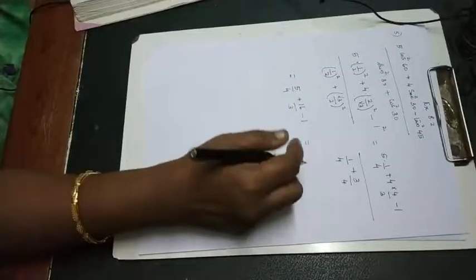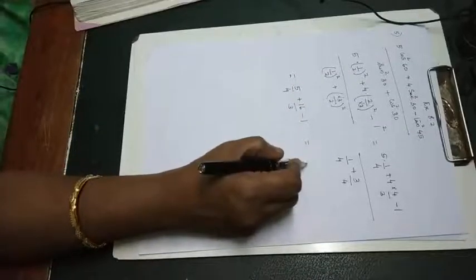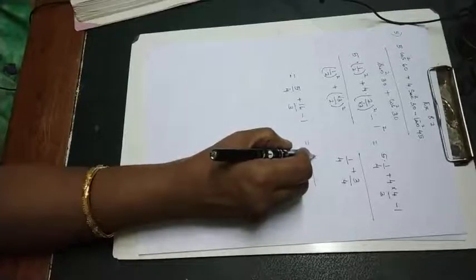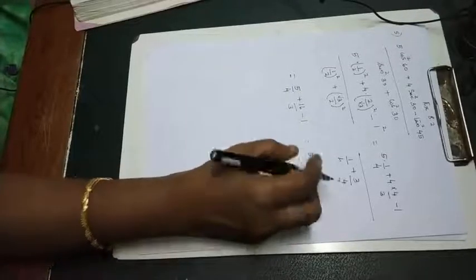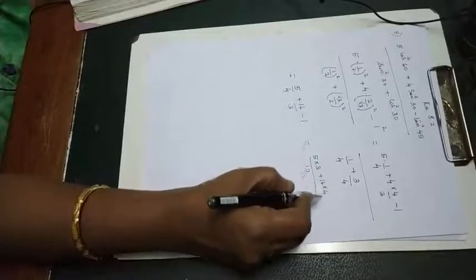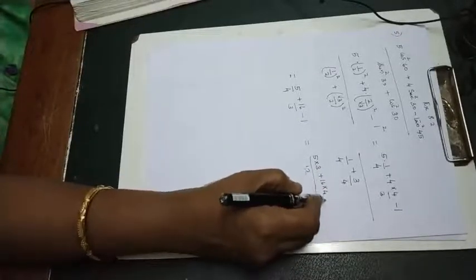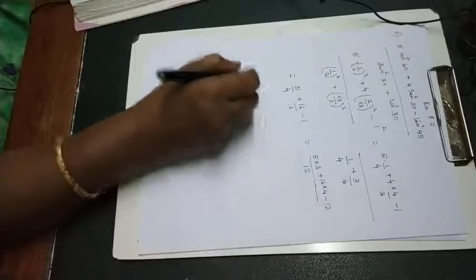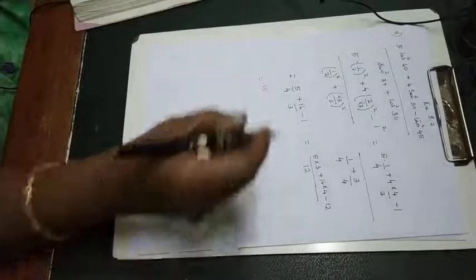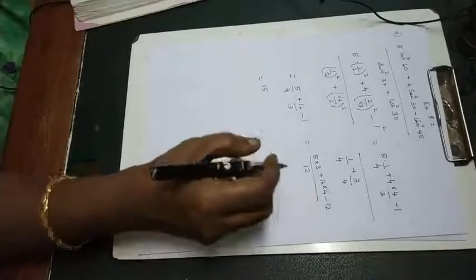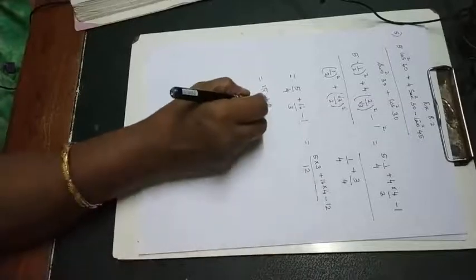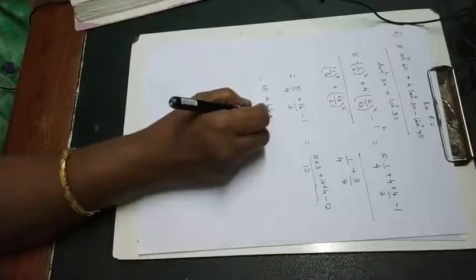So take LCM here. 12 is the LCM. So 5 into 3 plus 16 into 4 minus 12. 5 3s are 15, then 64 minus 12.